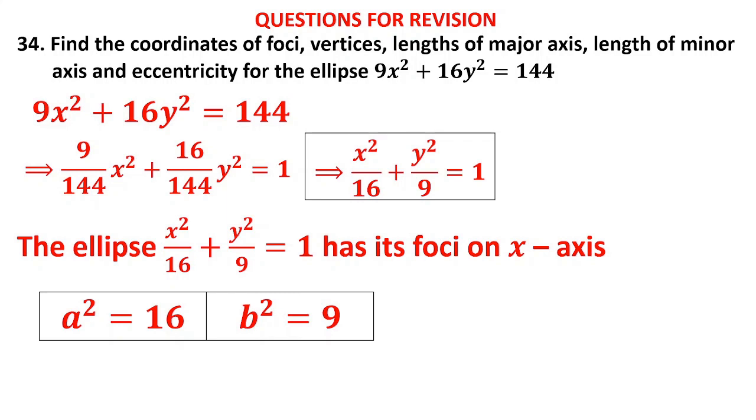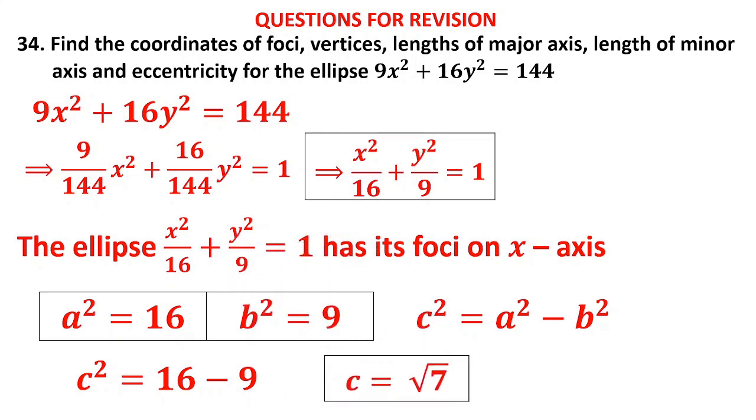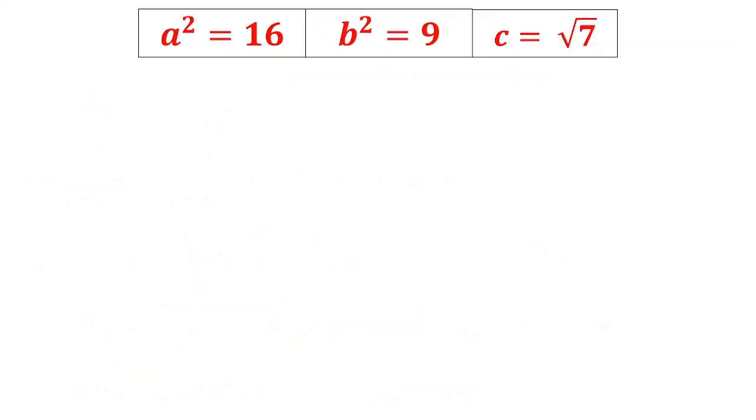Now you can find the value of e, or you can find the value of ae, but let us now try to get the value of c, which will give you the focus. The c square formula is a square minus b square, and therefore c square is 7, therefore c is equal to √7. For now, let us take these three values: a square, b square and c.